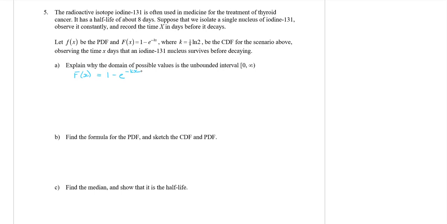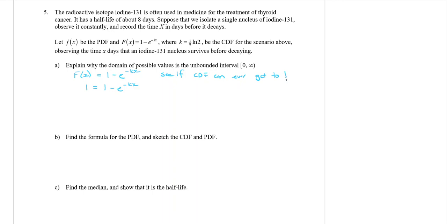When it's bounded, it should be able to get all the way to the top of that cumulative graph, which has a probability of 1. Can I do that for this one? If I make F(x) equal 1, I get 1 equals 1 minus e to the minus kx. So maybe write in here, see if the CDF can ever get to 1.